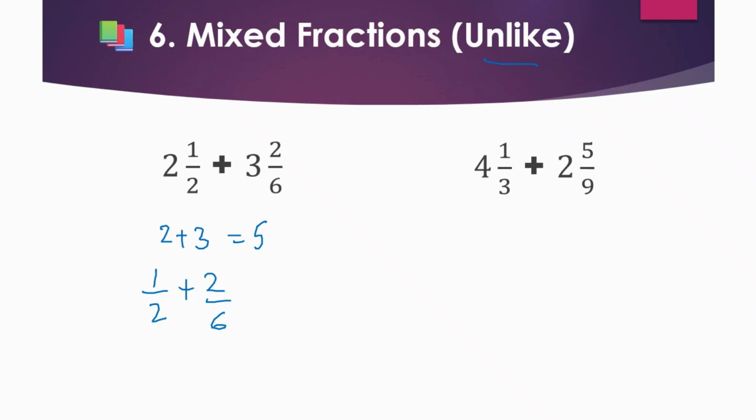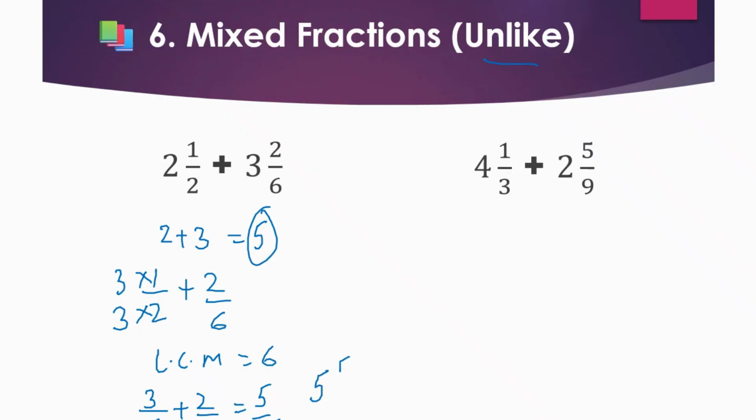So now we know that the lowest common multiple of these fractions is 6. So we can multiply this by 3 to get 6. You get 3 by 6 plus 2 by 6, 5 by 6. Now by combining the whole number and fractions, we get 5 and 5 by 6.